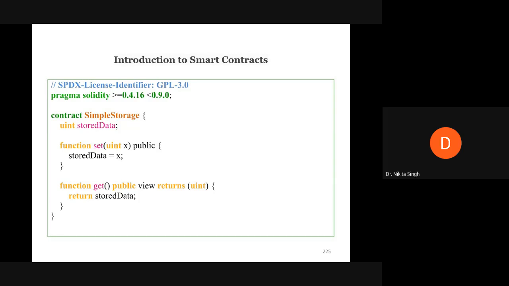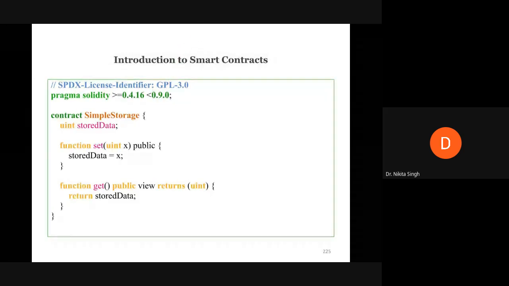So this is a machine readable license for setting, like when you publish something, publish a source code, you have to specify the license under which it has been published. So if you look at the next line here, it says Pragma Solidity and it has a version in front of it. That is Pragma Solidity greater than equal to 0.4.16 but less than 0.9.0.